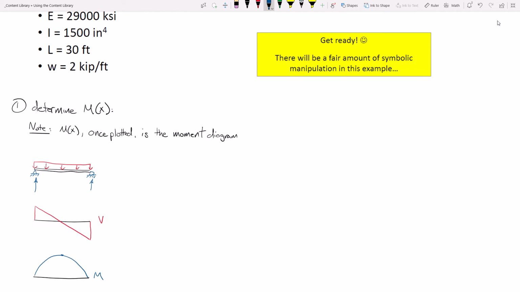So without doing any derivation, any formulas, any equations, what do I know about the moment function? I know M of x is parabolic, i.e. quadratic.